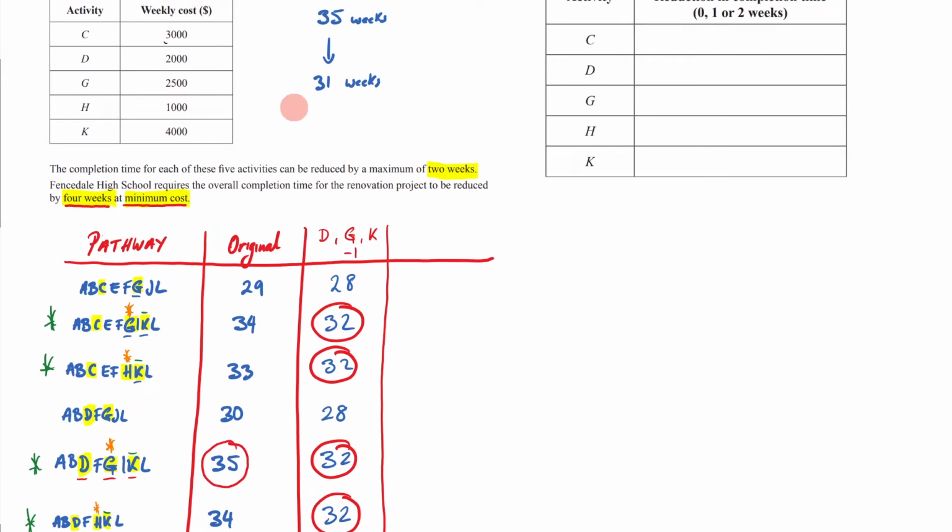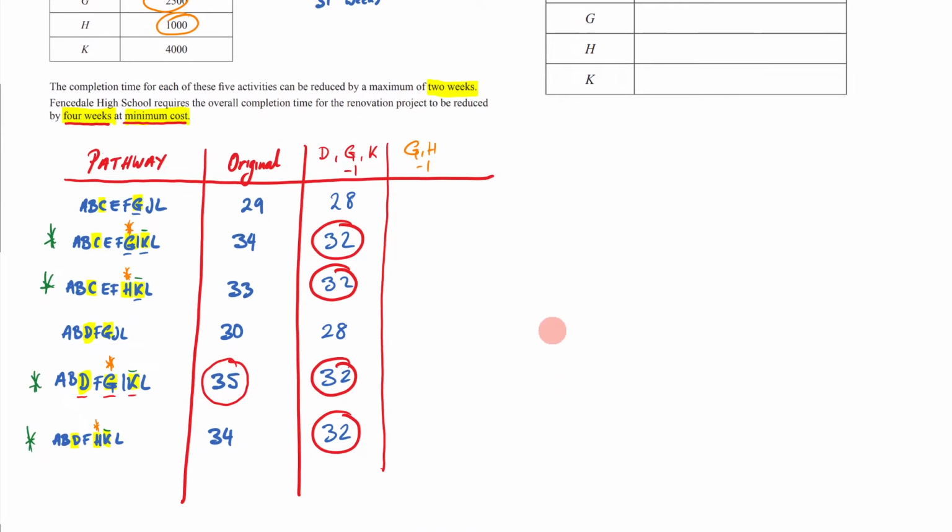Well, if I reduce both G and H, it'll only cost me $3,500, which is cheaper than $4,000. So by reducing both G and H by one, I'm going to save money. You could go through other ways and see if there's a cheaper way again, but this is going to be the best way to go about it.